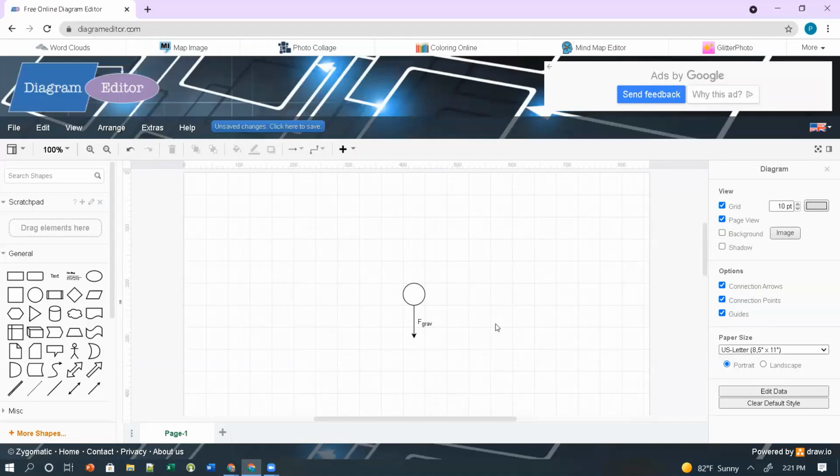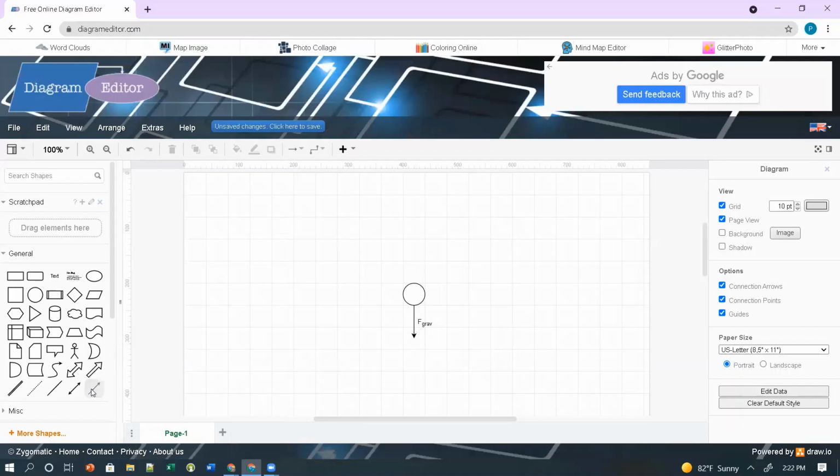So the second question we have to ask is, what is the object in contact with? Well, in this scenario, we know that the box is resting on a table. And the table is going to push back up on that box because of the normal force.